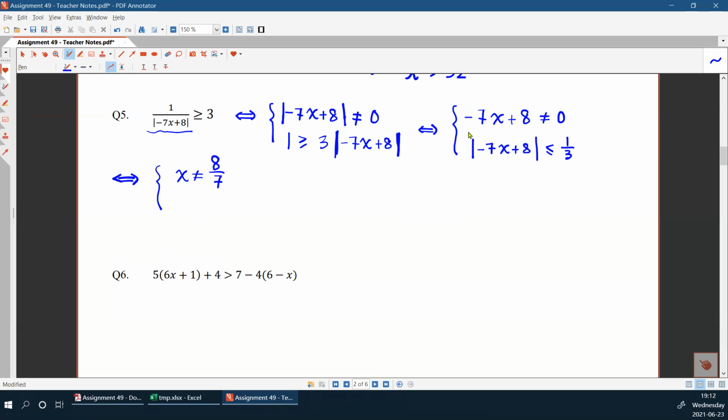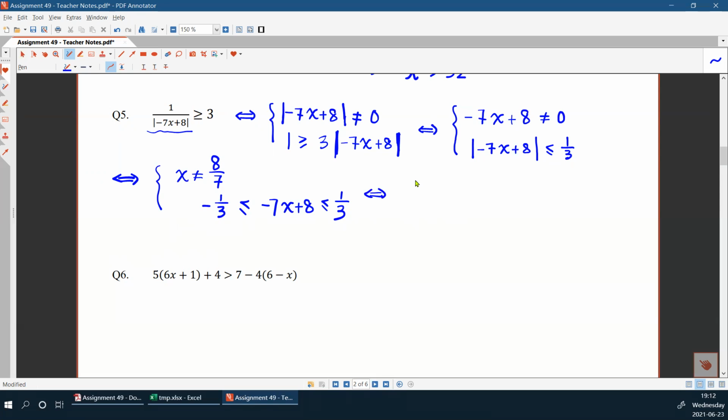Second, the absolute value of a number is smaller than or equal to 1 over 3. That means the distance between this number and 0 is smaller than or equal to 1 over 3, right? So this is equivalent to, this number here should be smaller than or equal to 1 over 3 and larger than or equal to -1 over 3, right?